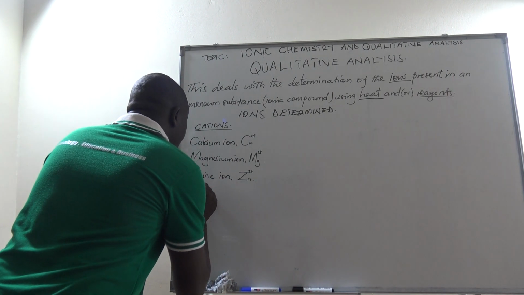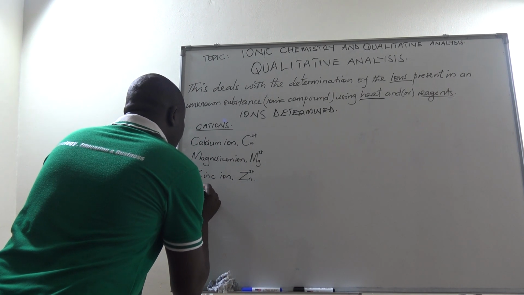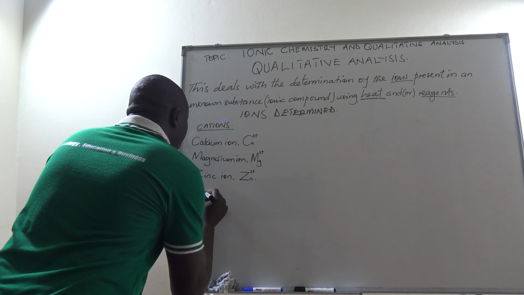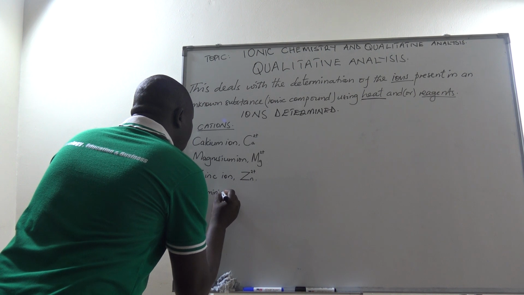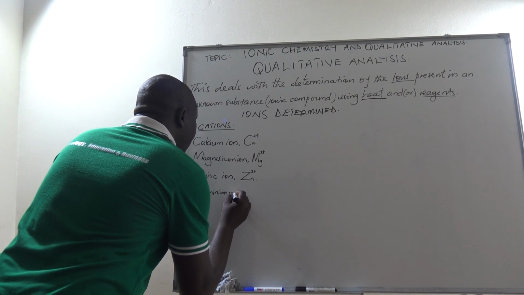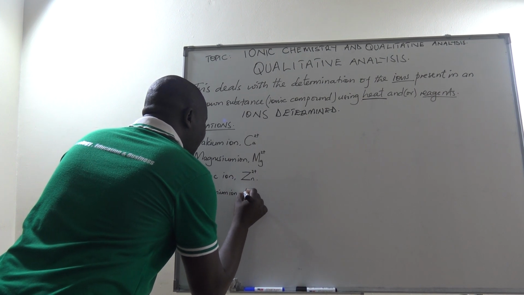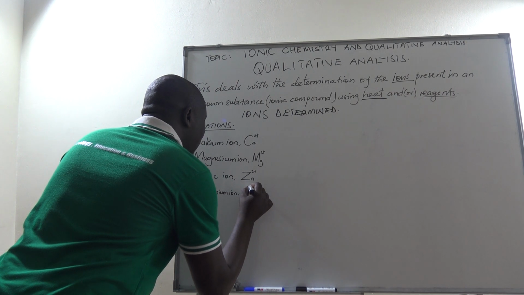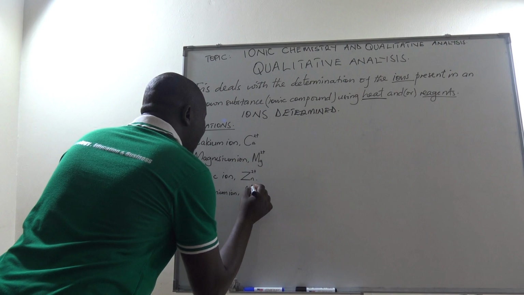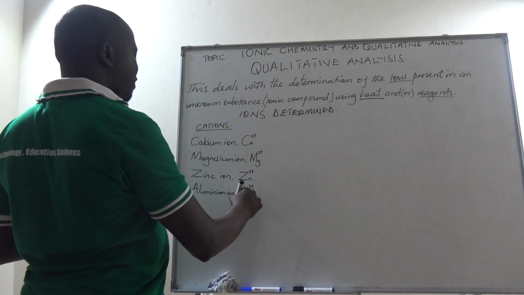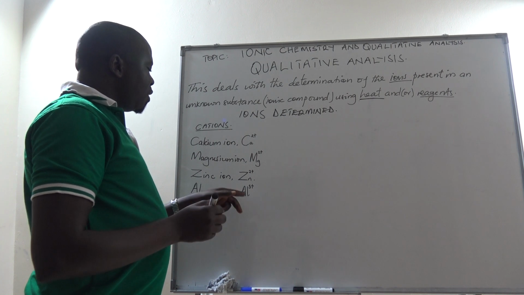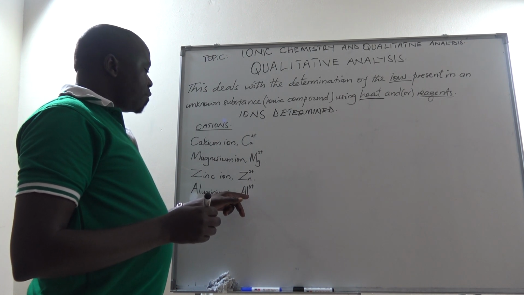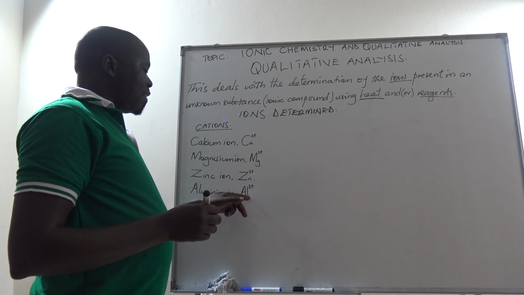Zinc ion. We have got aluminium ion, that is capital A, small l, with 3 positive charges. Mark you here, 3 positive charges, and you try to see the small letter, the small l in this case, do not make this part here be straight and flat down here.